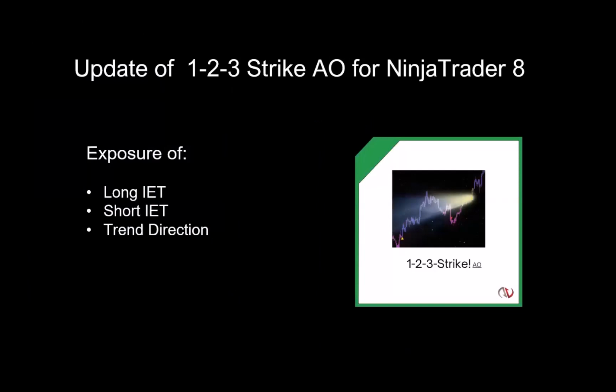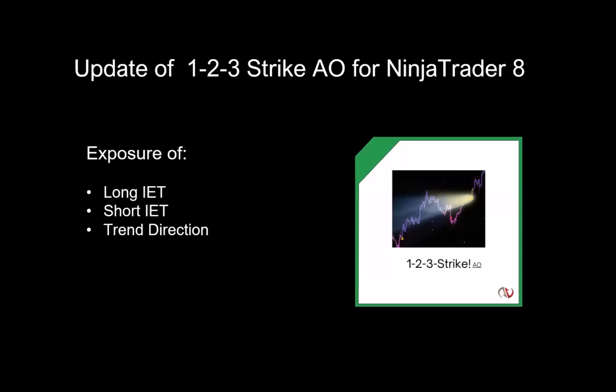And again, this was by request from one of our users who wanted the IET, the statistics for long trades and short trades, to be exposed so that you can take advantage of this information when building your own strategies. For example, only trade when the IET, when the statistics are in your favor, and if they are not, then do not trade. So you could use these as a filter.